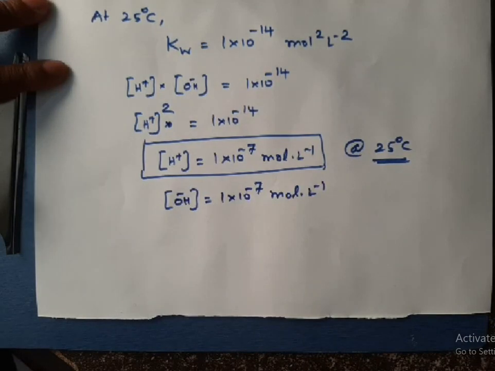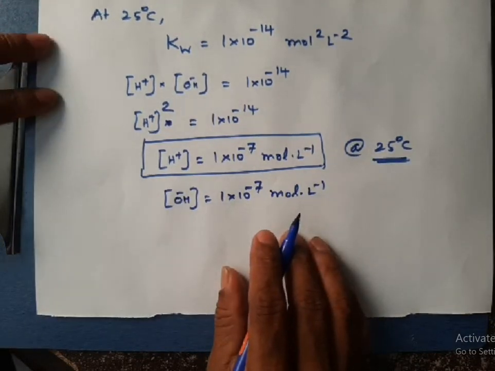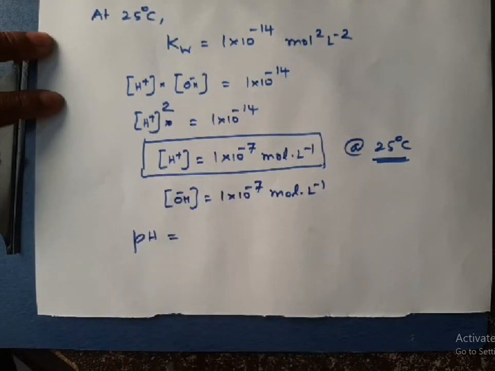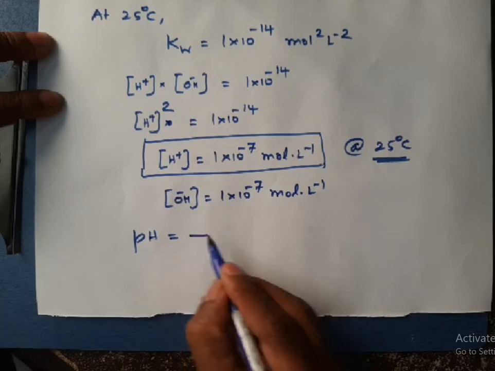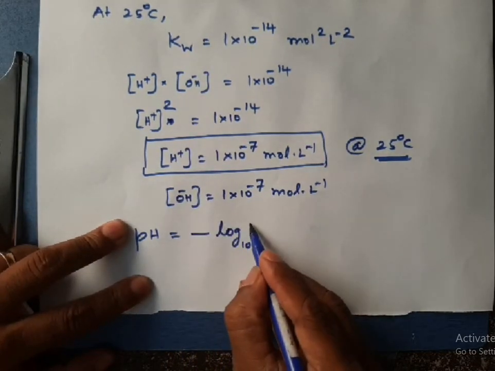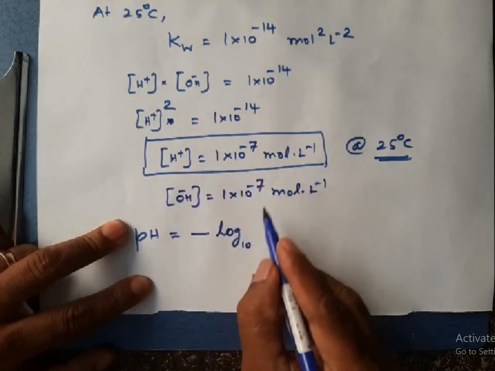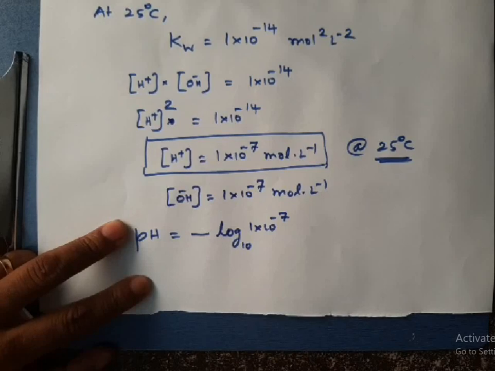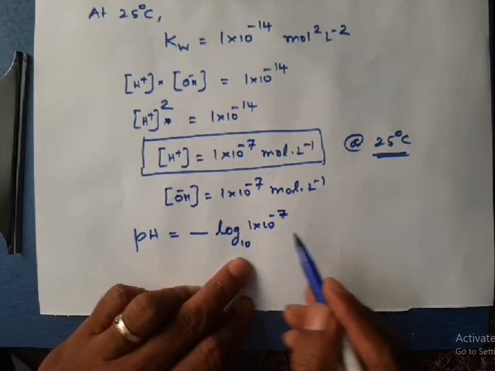Then, what is the pH of pure water? So pH of pure water at 25 degrees Celsius, you know the formula, equals minus log base 10 of the concentration of H plus ion. H plus ion concentration now is 1 into 10 power minus 7, or just 10 power minus 7.